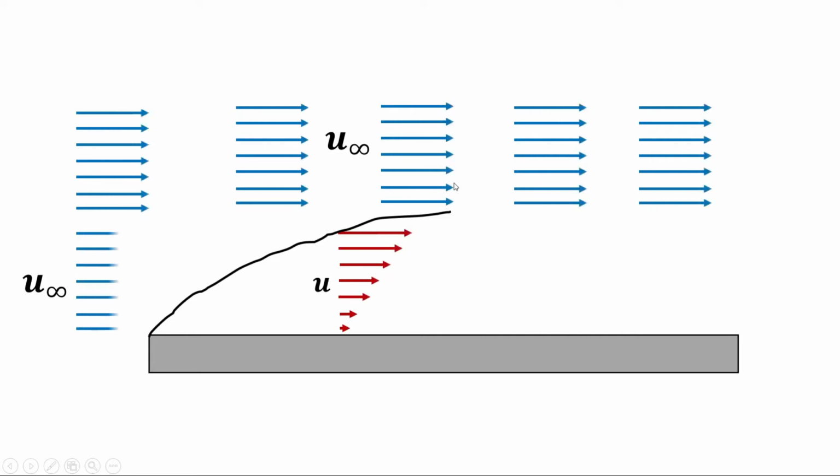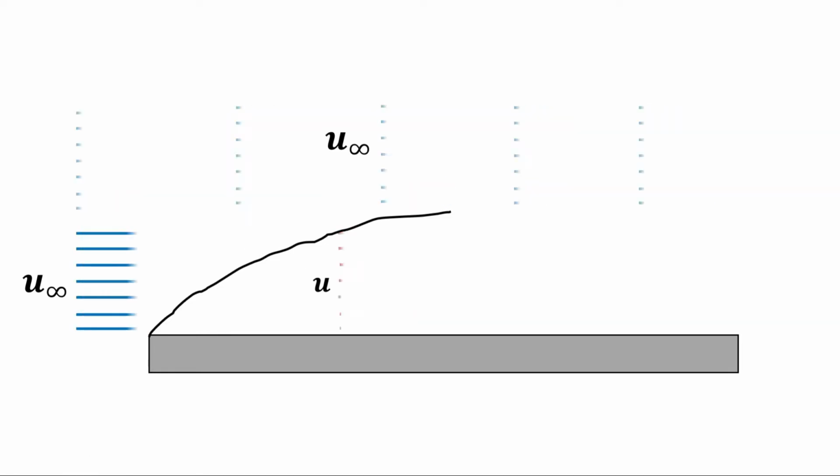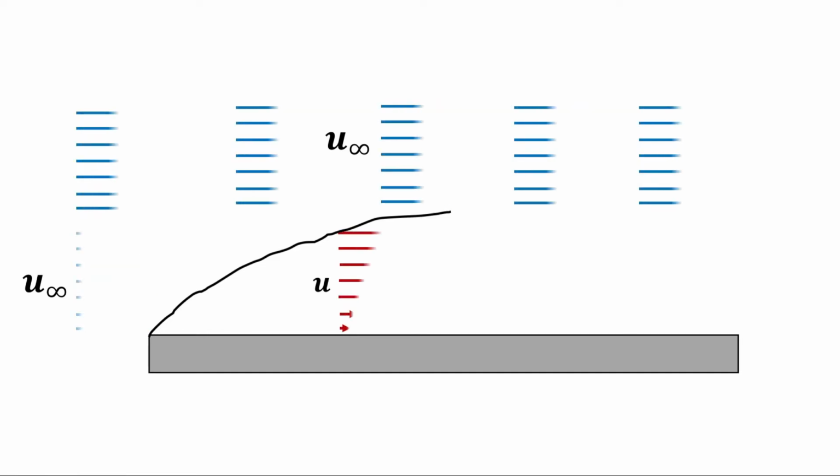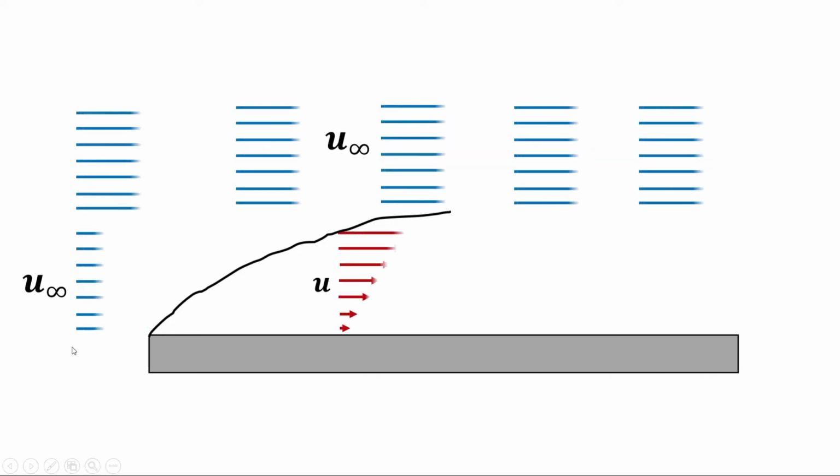It forms a boundary layer, and you have learned in fluid mechanics that boundary layer is a thickness of the fluid where velocity is 99% of the free stream velocity.